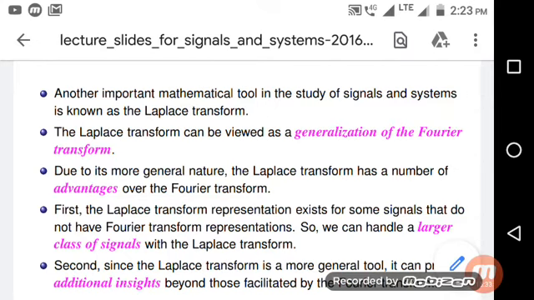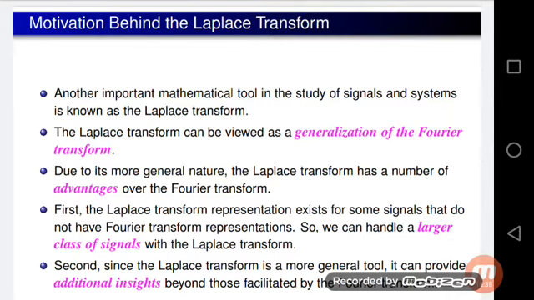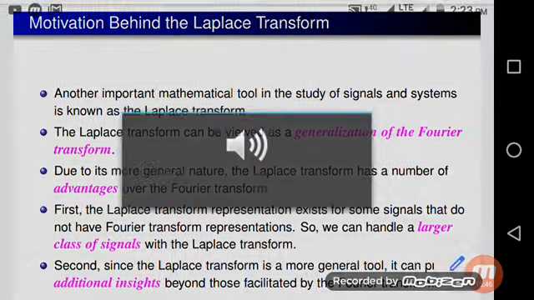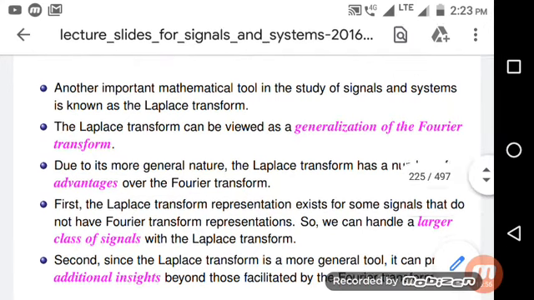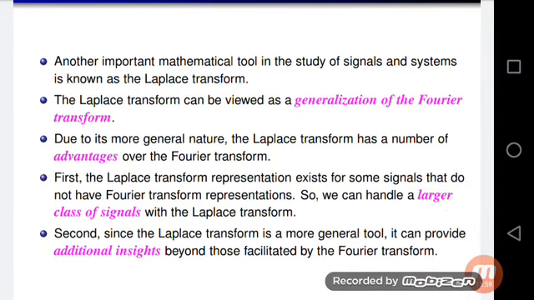That means compared to the Fourier transforms, the Laplace transform handles a large class of signals. And second one is, since the Laplace transform is a more general tool, it can provide additional insights beyond those facilitated by the Fourier transform.